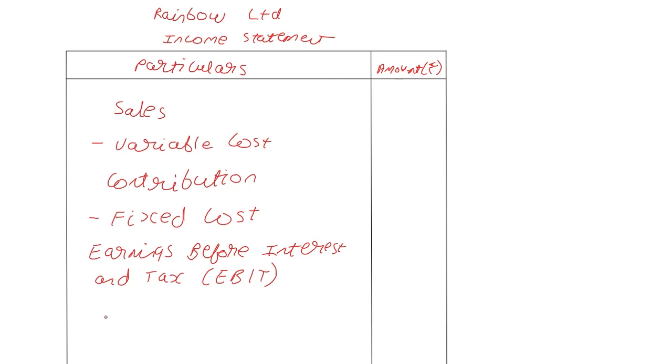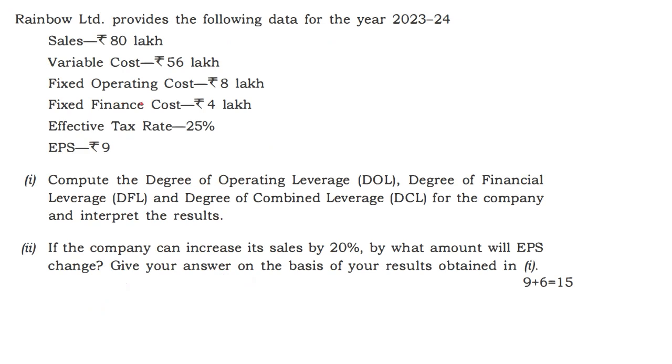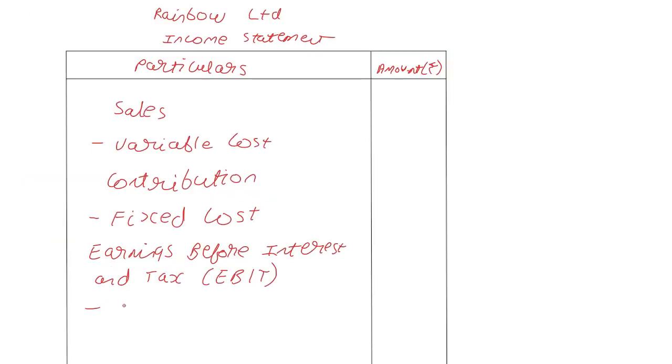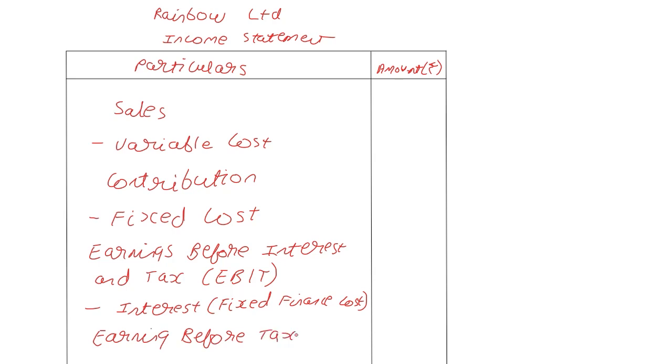Okay, so we subtract earnings before interest and tax, and then we subtract interest, which in this question they're calling it fixed finance cost. Okay, so interest in brackets, fixed finance cost, or fixed finance cost in brackets interest. What do you want? Okay, finance cost. And by subtracting that, we get earnings before tax, or what we call EBT.